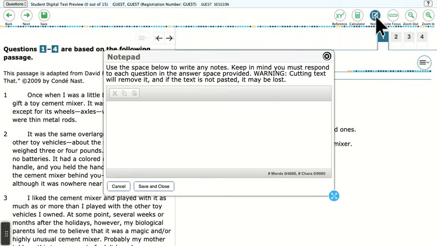You have a notes box, which is where you can go in and type whatever it is that you want to type. Just note that any answers that you might type here, you cannot count in your test, right? If you wanted to type something out, you can copy and paste into the box for the test, but nothing that's in here is going to be counted towards your final score.